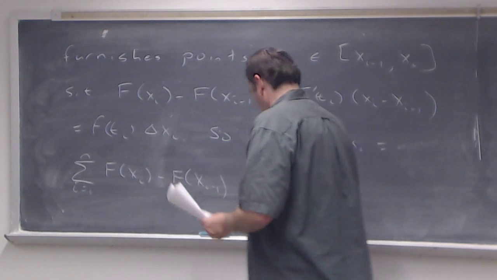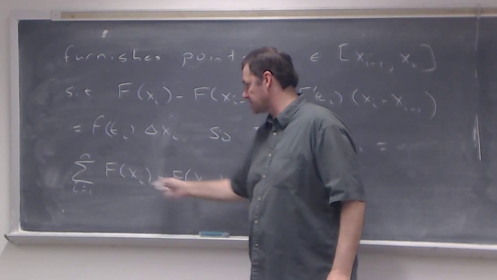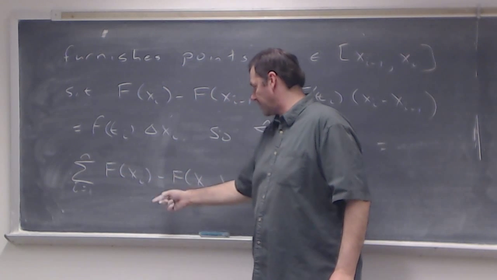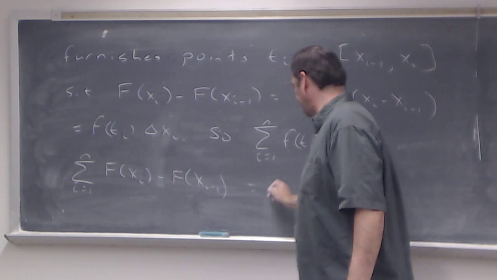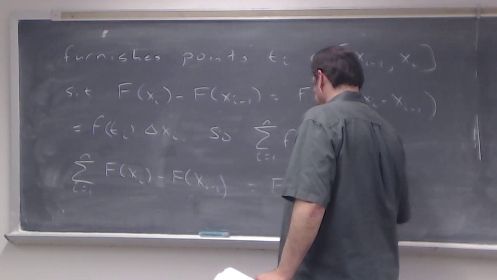But you would have a lot of cancellation that would happen between these terms if you let i start running from 1 to n. And what you end up getting is just F of b minus F of a.